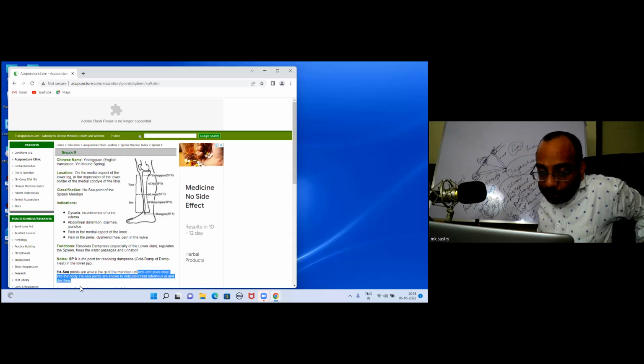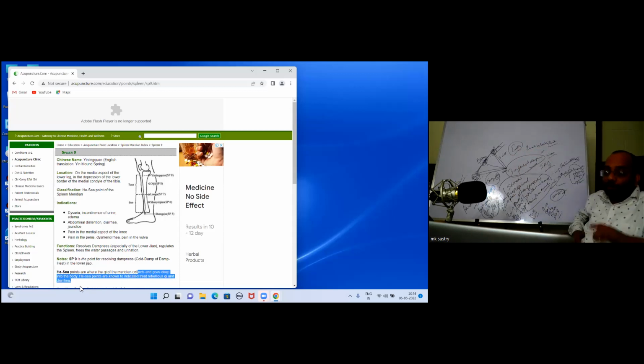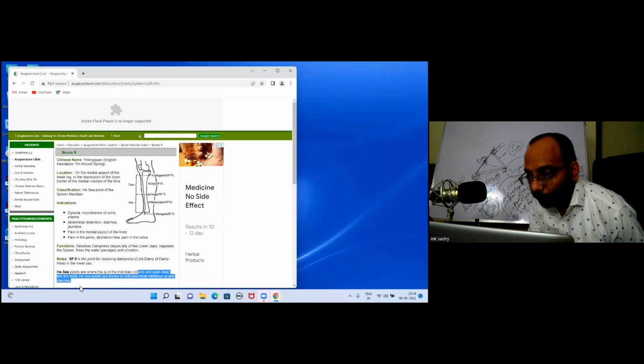So now you can see by using this formula and seeing the names of the points, all the 5: 1, 2, 3, 4, 5. Did we think at the beginning of the disease we would use these points?